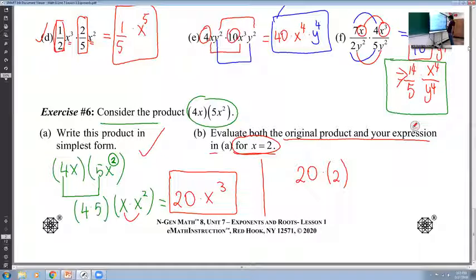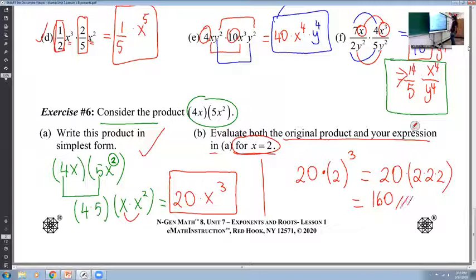And then what is the power? Power is 3. If you put this one on your calculator, you will get the same result as mine. 2 cube is not 2 times 3, right? Please do not make that mistake. 2 cube means that 2 will be repeated 3 times. If you multiply them, it will be 160.